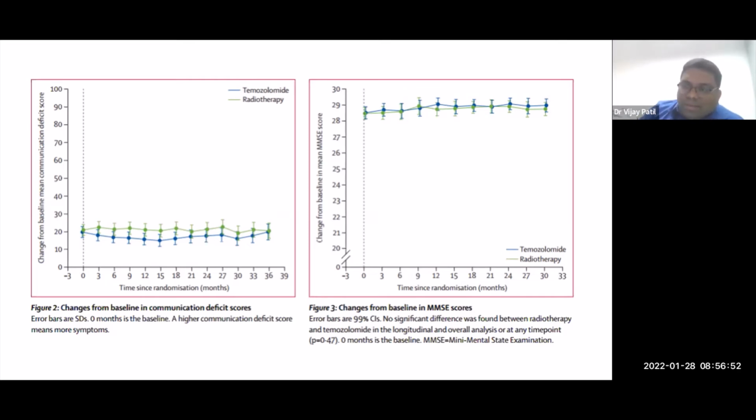If you look at the data from the perspective of low-grade glioma, it seems reasonably okay to replace RT with temozolomide in a low-risk glioma. For example, the patient has undergone surgery, age is less than 40, gross total resection is done, and the histopathology comes out to be astrocytoma.